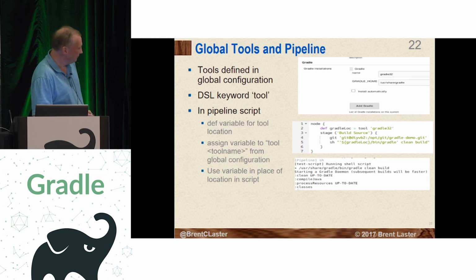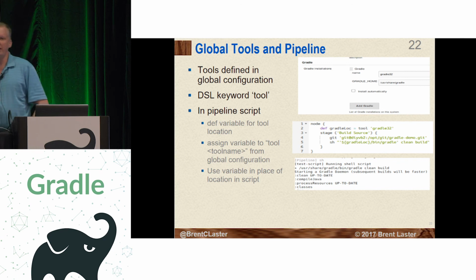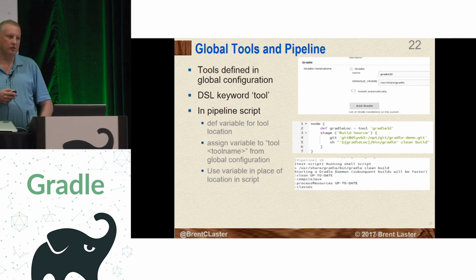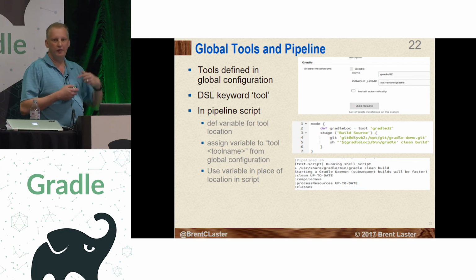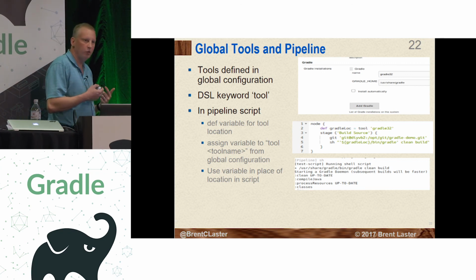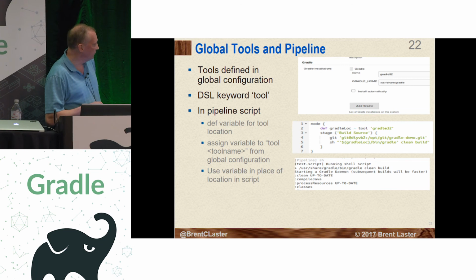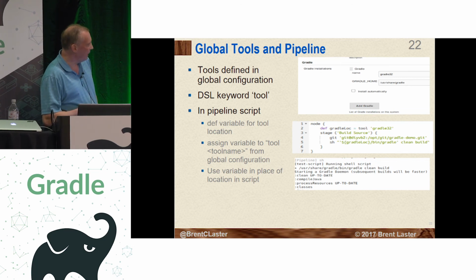In our pipeline, we can define a variable and use the tool keyword. This tool keyword, or tool DSL step, is how we tell Jenkins in the pipeline environment to go out and get the value of that tool name. We supply the tool name just as we would for the name we gave it in the global configuration, and it gets back the path to that tool, or the home value.